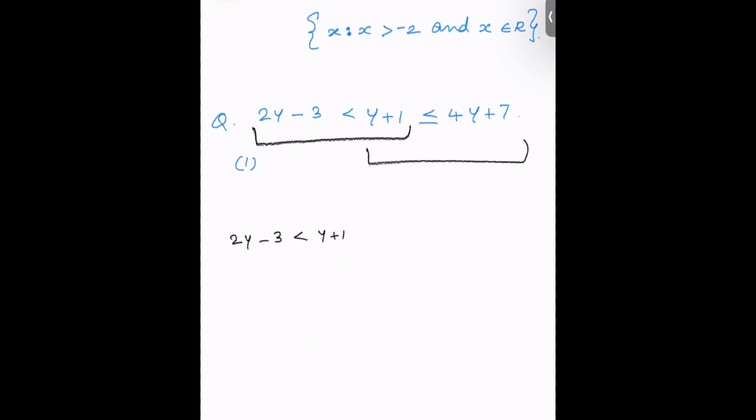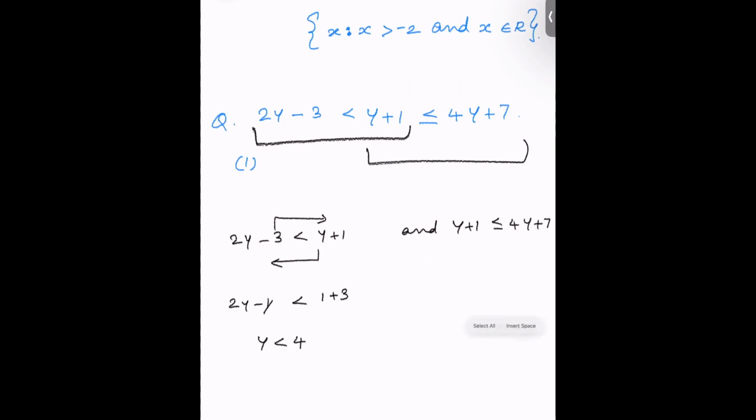Then you bring this y to this side, 3 to the other side, you get 2y minus y less than 1 plus 3. This would be y less than 4. And you do the second part. What is the second part? y plus 1 less than or equal to 4y plus 7.